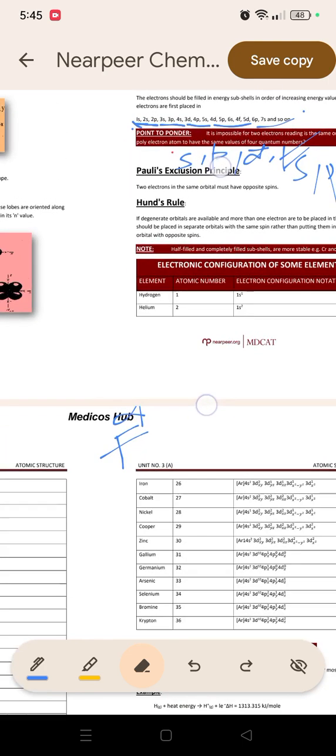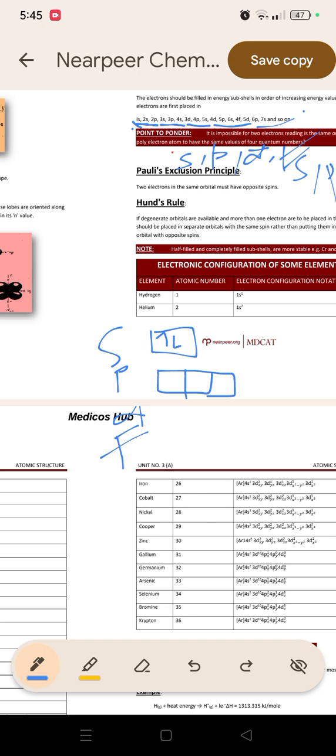Okay, so I'm just telling you, we have S, P, D, F. In S, we need to make sure if this is the box, one would be clockwise, the second would be anti-clockwise. Then we have P, where we will have three boxes, 1, 2, 3. We need to look into clockwise and anti-clockwise too.